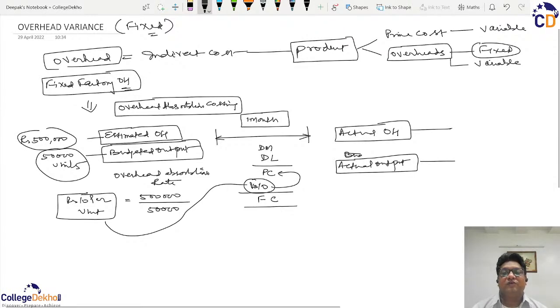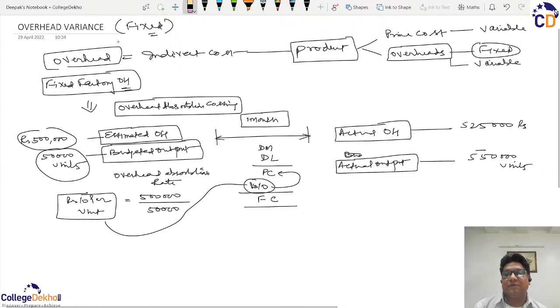So if we in this example presume that the actual overheads have increased to 5,25,000 rupees because the output has increased by, let's say, 10%, that is, the output is now 5,50,000 units.